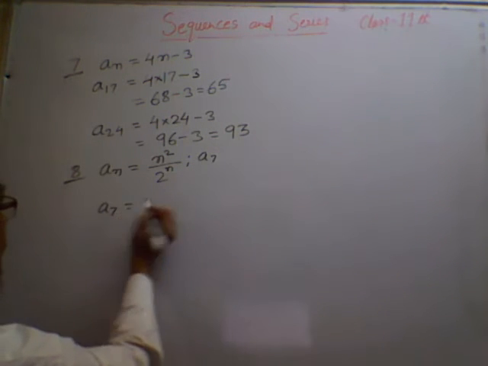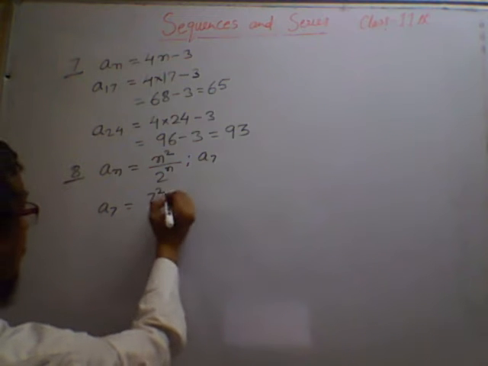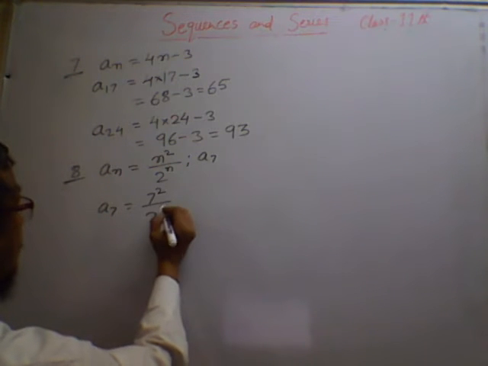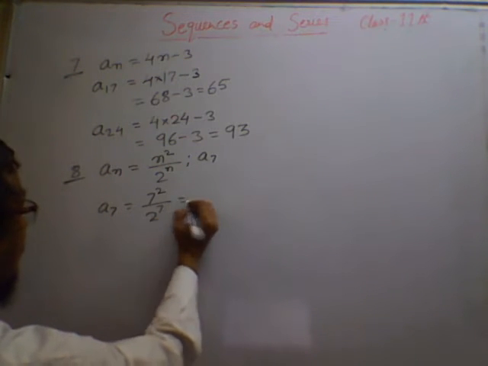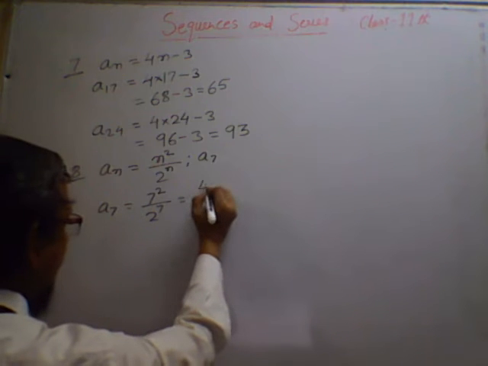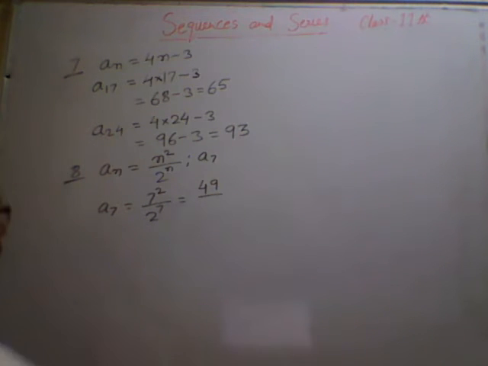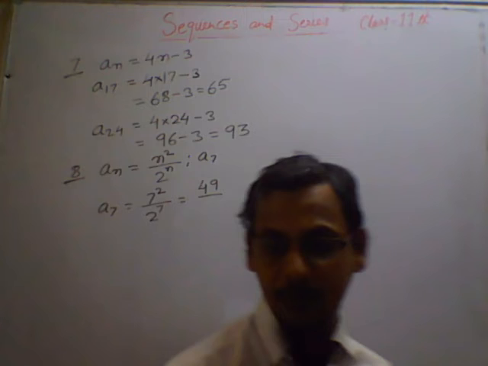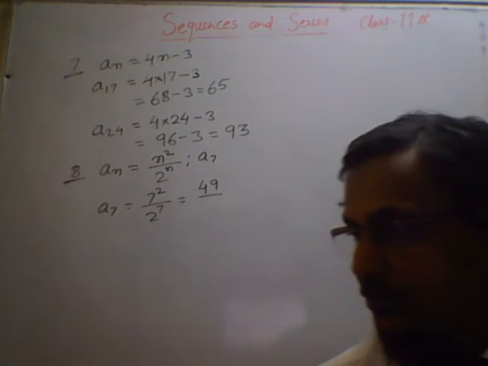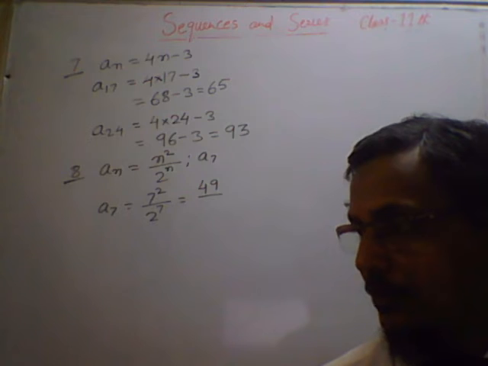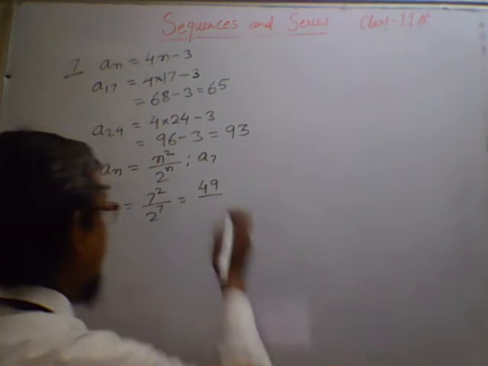A7 equals 7 square over 2 raised to the power 7. 7 sevens are 49, and 2 raised to the power 7: 2 twos are 4, 8, 16, 32, 64, 128.